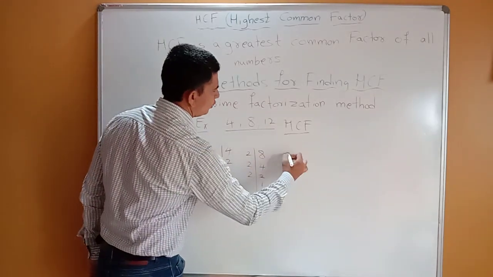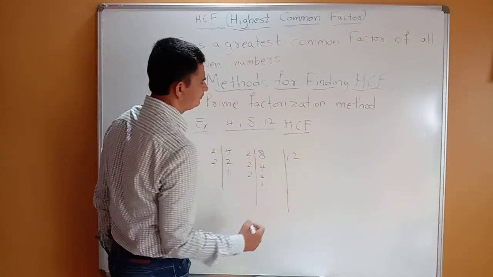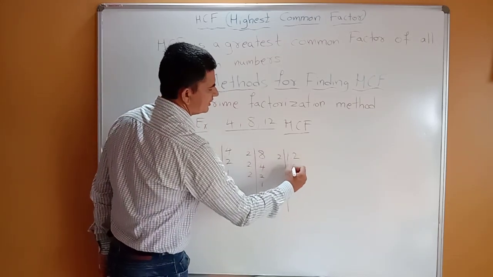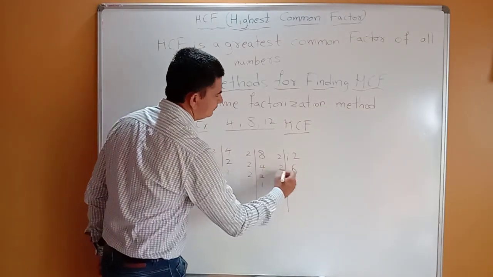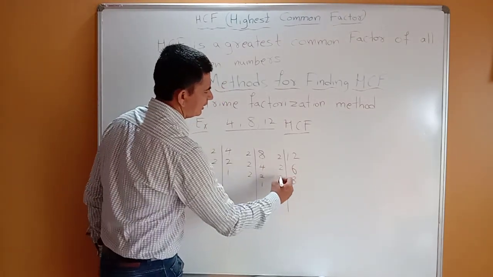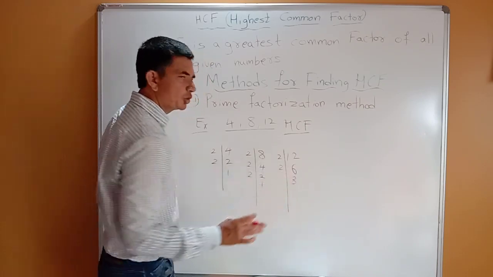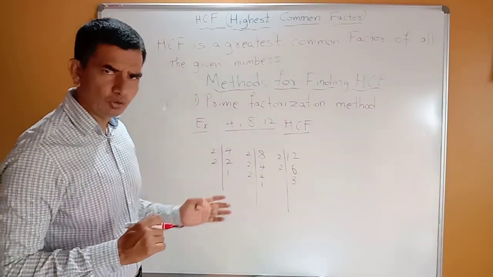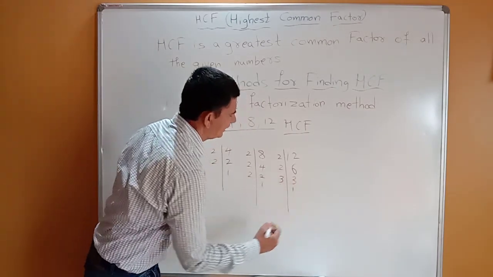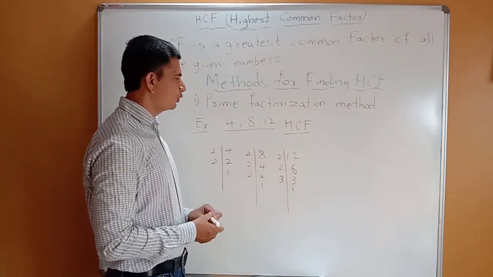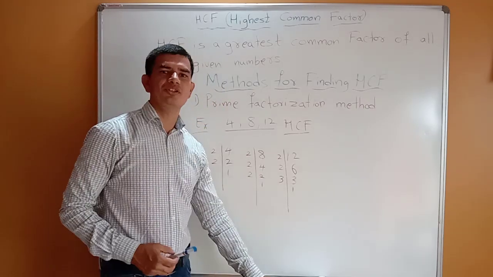Now, the next number is 12. 2 6s are 12, because it is in the 2 table. 2 3s are 6. Now, is it possible to take 3 in the 2 table? No. For that reason, we take 3. 3 1s are 3. After this, we have to write the common factors.